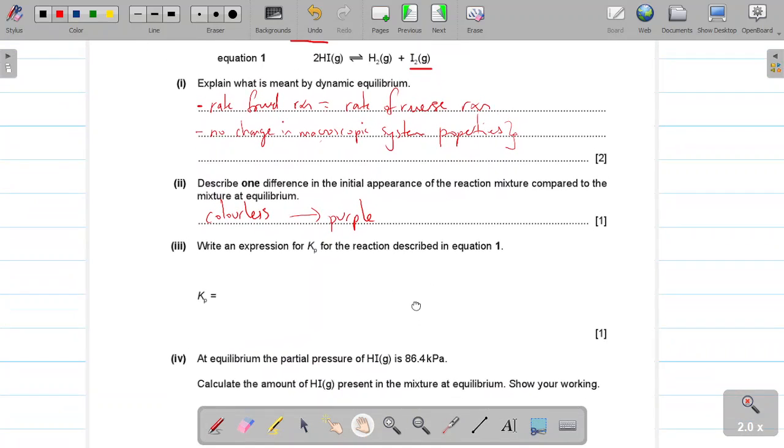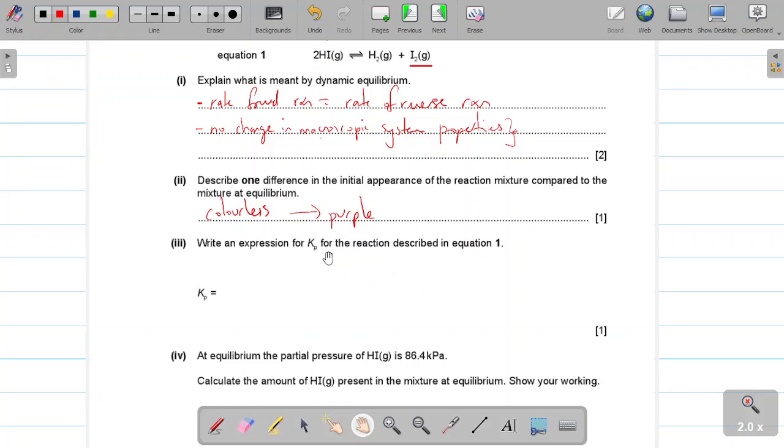Right? The question asks us here to write an expression for Kp for the reaction described in 1. So we know that any equilibrium constant is the product of concentration of the products divided by the product of concentration of the reactants. That's in the case of Kc. For Kp, we write it in terms of partial pressures.